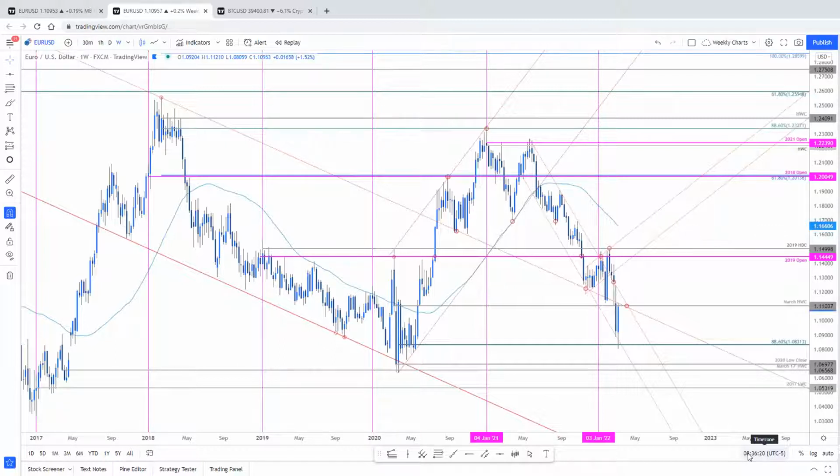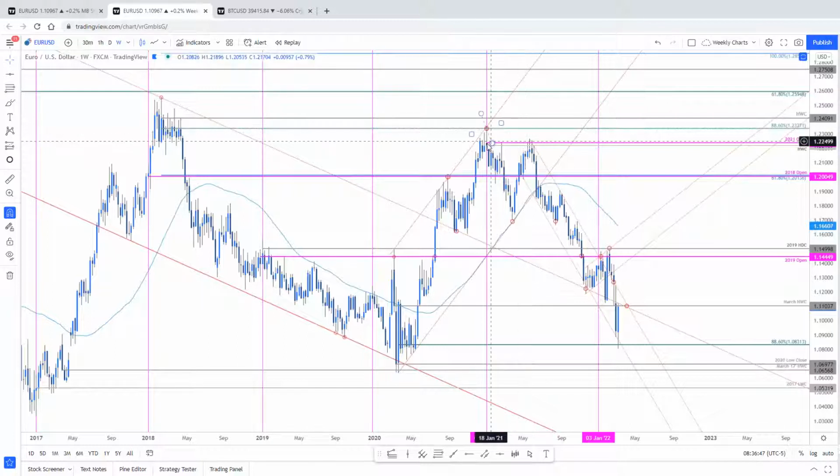So just like what we saw in DXY, right, stretching off of uptrend resistance and coming back, here's euro coming off of a major level. I just want you to stare at this chart, guys, and focus on one simple thing. The rally off the 2020 low faltered at the 88.6 retracement of the 2018 decline.